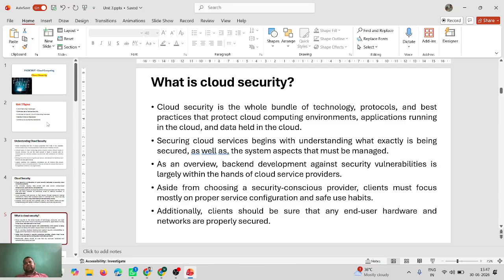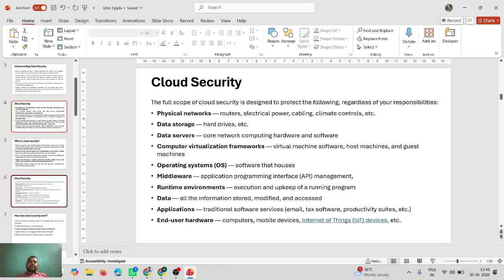Backend development against security vulnerabilities is again largely in the hands of service providers, right? So aside from choosing a security-conscious service provider, end users must focus mostly on what type of data should be shared to the service provider for storage, access, management, etc. Right? And hardware as well. What type of hardware should be shared as a resource to the service provider, right?